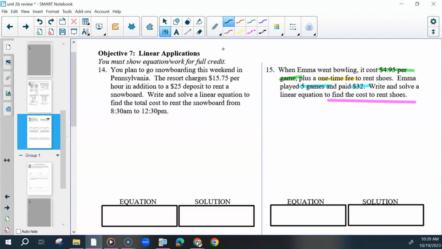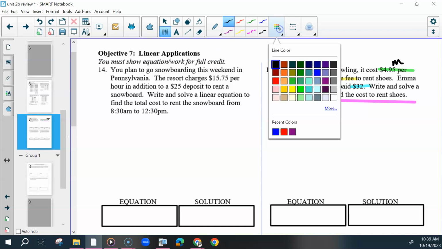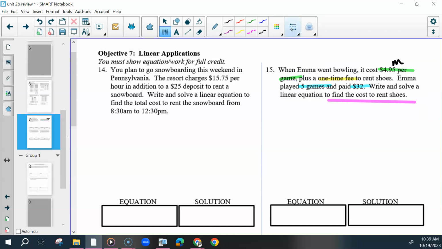So remember that's your M. The one-time fee would be our B, but we don't know what it is. So that means that's what we're going to end up solving for. That's going to be what we get at the end, the cost to rent shoes.